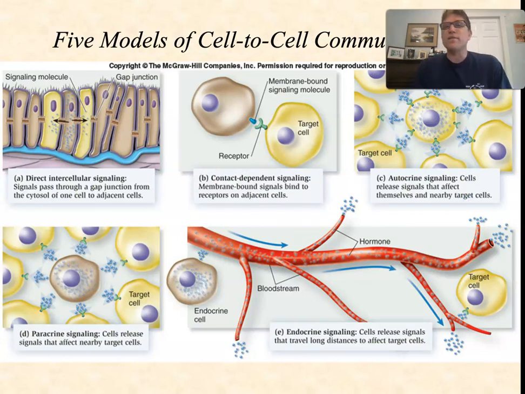Okay, 5 models. A model is just sort of a large, complex concept of cell-to-cell communication. You see in the upper left, we've got direct intercellular signaling. Direct because the cells are in contact with each other. Intercellular meaning from one cell to the next. In B, we've got contact-dependent signaling, where one cell literally delivers the signal on its surface to the cell that has the receptor, the target cell.